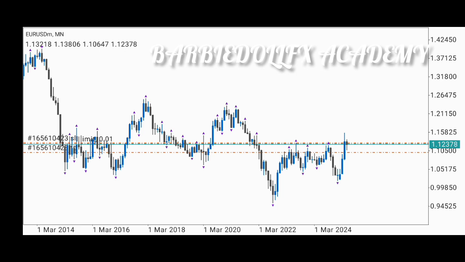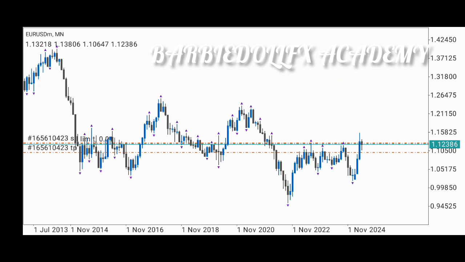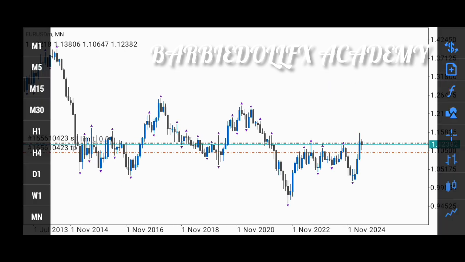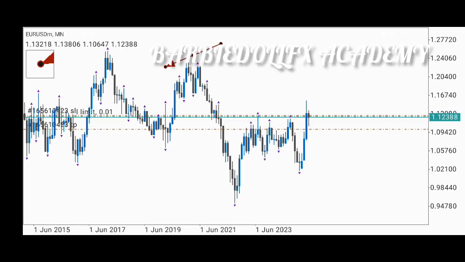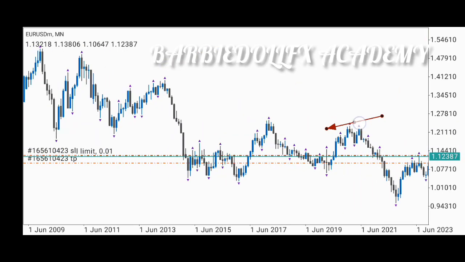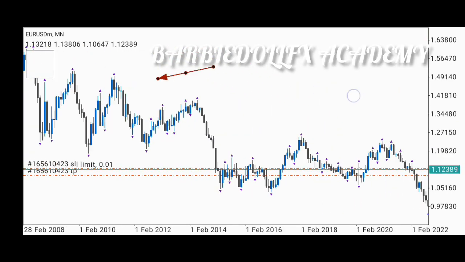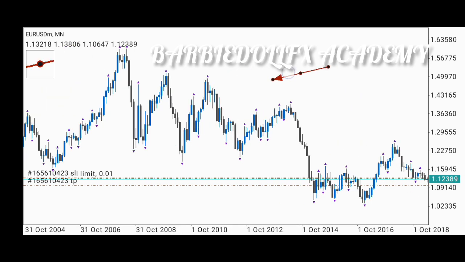From the last video, we said that in an uptrend, we have the first part, which is the high. Let me get my arrow. So let's say here is the high.